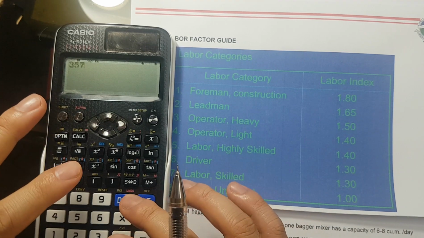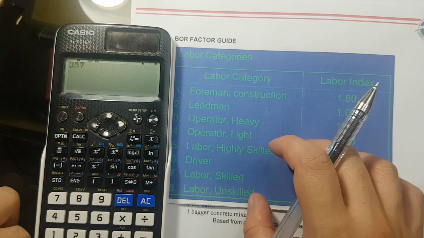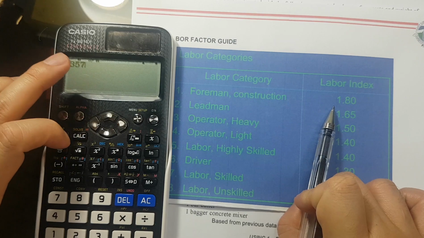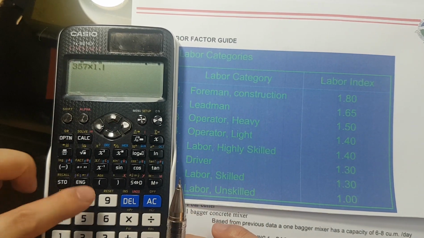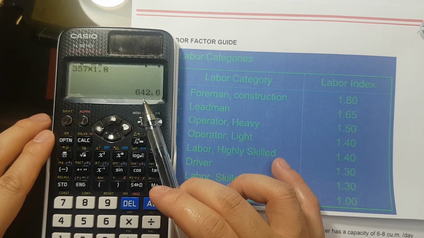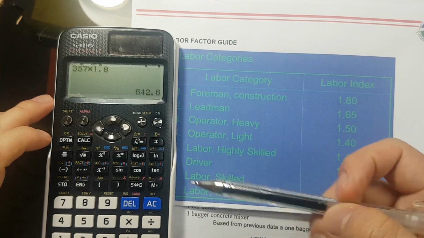Okay? Now, para magka-idea ka kung ano yung magiging range nung papasahod mo sa foreman mo, i-multiply mo lang yung labor index. So the minimum of 357 times 1.8. So roughly, naglalaro siya sa 642.6. So pwedeng tumaas, pwedeng bumaba. Pero at least meron kang guide.